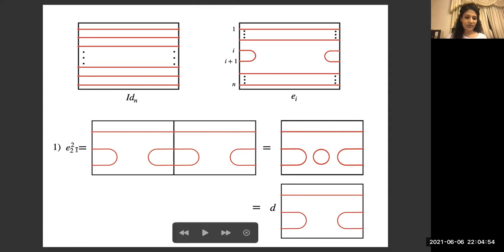Say we take e_2 and multiply it with itself. We glue the right edge of the first copy of e_2 with the left edge of the second copy of e_2, and then we see what we get diagrammatically. And we get this diagram. For us, the trivial circle is denoted by d. So we get d times e_2. So e_2 squared is d e_2. And this is in fact the first relation which was stated for the Temperley-Lieb algebra on the previous slide.